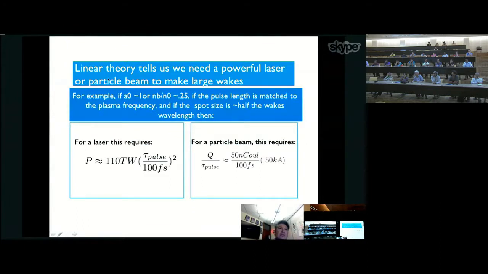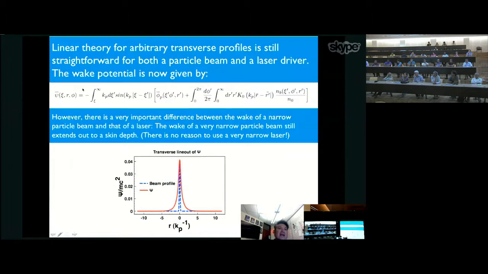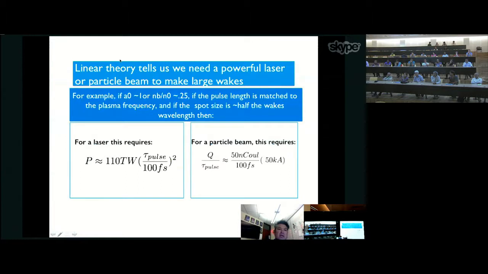So I think an important thing to stress is, if I go back and use this linear theory and I say I want to make a large pseudo-potential, because I want to make a large wake. After all, that's the reason to use a plasma: I can make wake fields that are big. Then I need a large normalized vector potential, or I need a large normalized beam density.